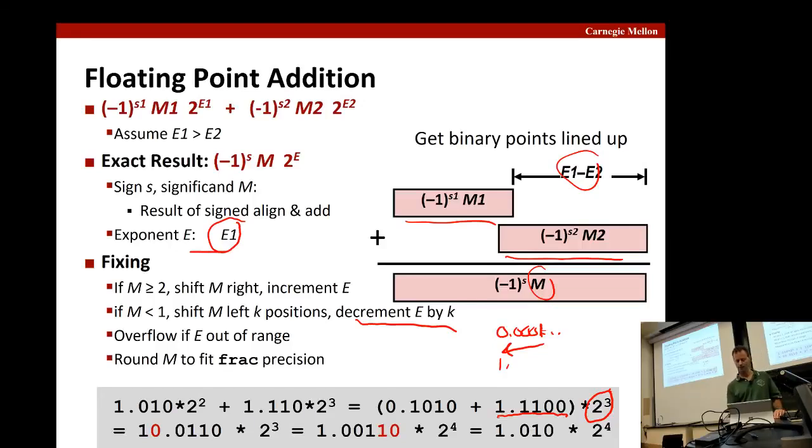So now we've got them lined up, and now we can do the addition. 0 plus 0 is 0, you get a 1, you get a carry, and you end up with 1, 0, 0, 1, 1, 0. Okay, and notice that's bigger than 2. So we do the trick of shifting to the right and incrementing from 2 to the 3 to 2 to the 4. Okay, so now everything's good except we have to do our rounding.